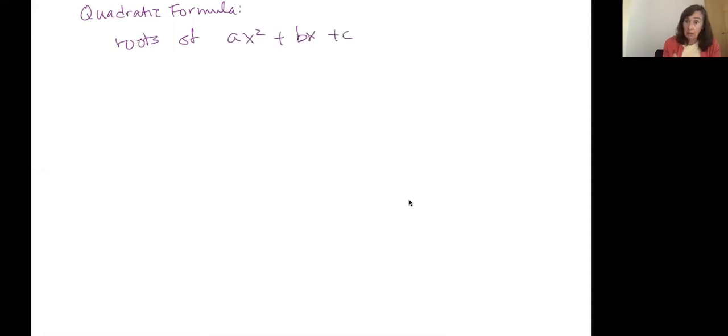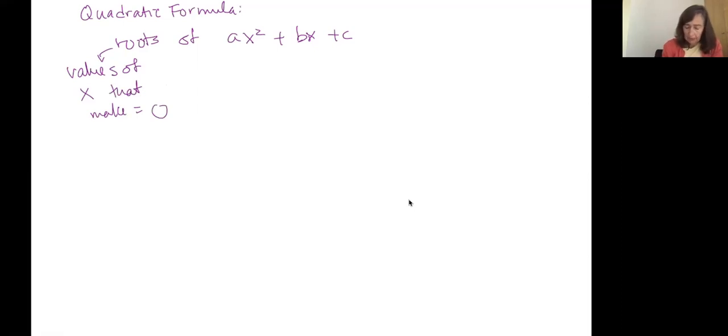So anytime we have that, and we want to find the values of x that make it 0, there's a formula for it.